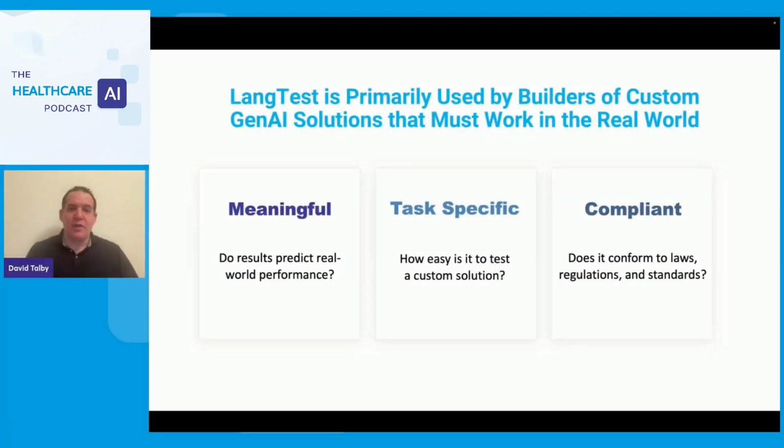The LangTest library is now 2 years old, and it has found its niche in helping companies and teams test very specific use cases. For example, the use case we've just seen: what we need is to be able to take a transcription of a 60-second video clip and extract themes and sentiment and other entities.